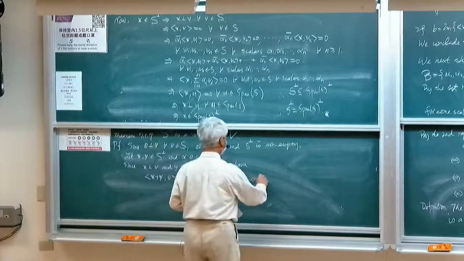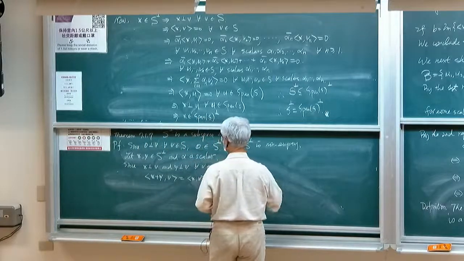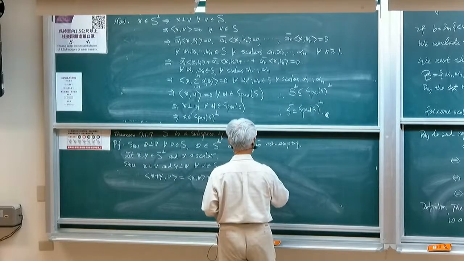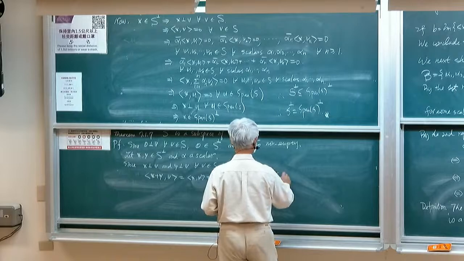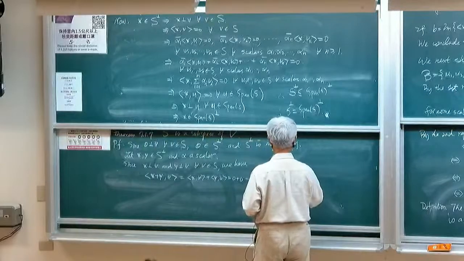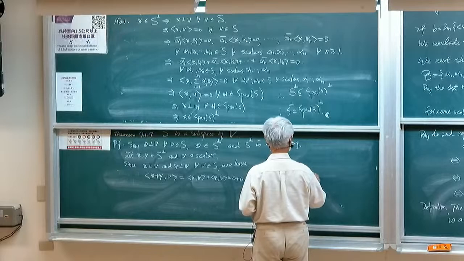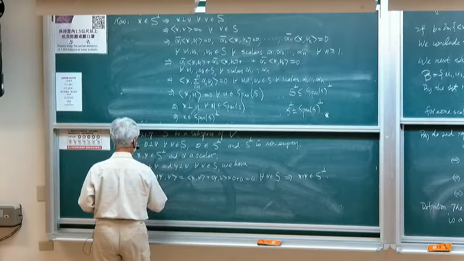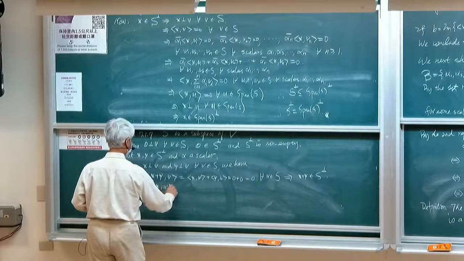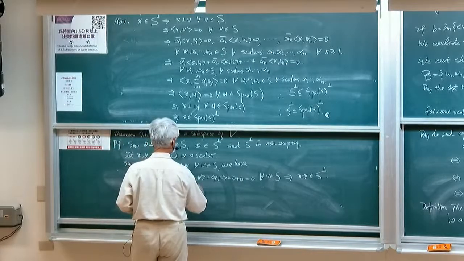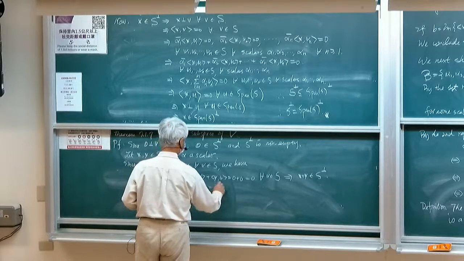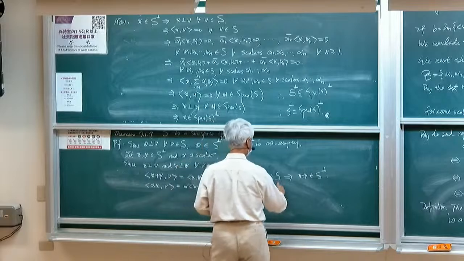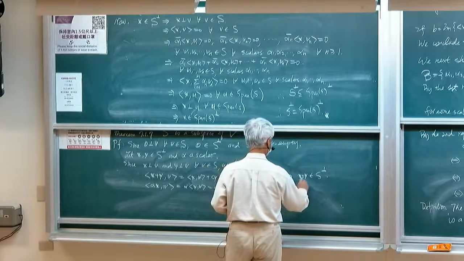Okay, so this implies that for all v in S, x plus y is in the orthogonal complement, and also alpha x is orthogonal to v, so this implies alpha x is also in.